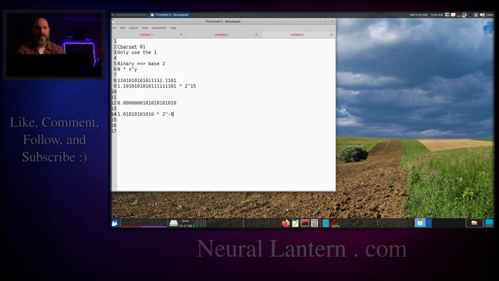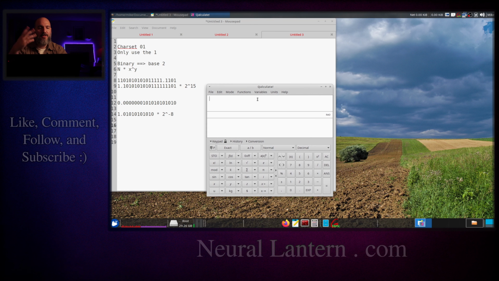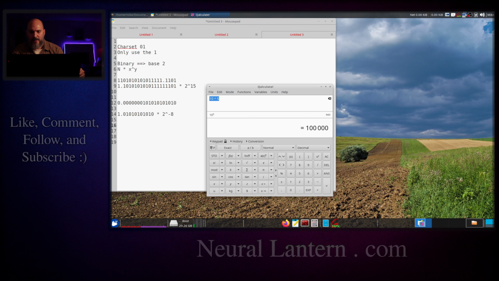Because remember, when you say times, let me just show you this on a calculator. Let's go back to decimal for a second. If we say 10 to the 5th power, then you know that we're basically adding 4 zeros, right? So we have 5 total zeros, so we're adding 4 zeros to the 10.